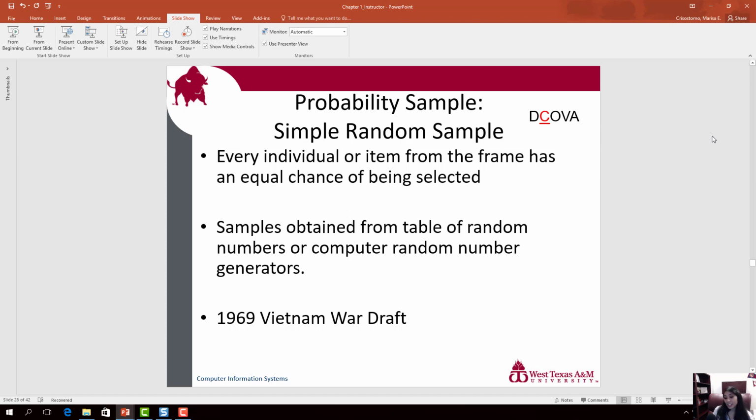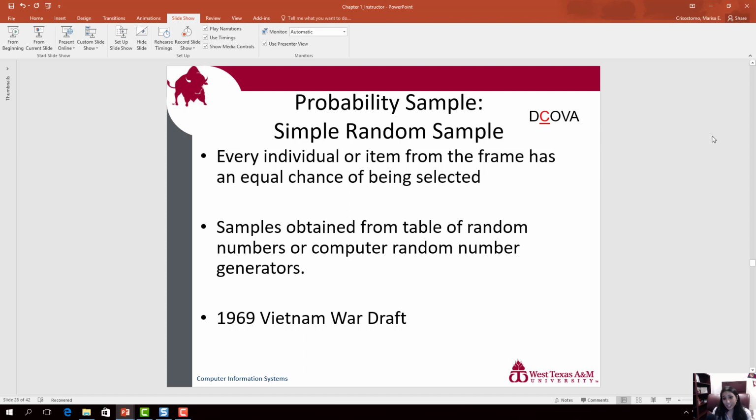The textbook gives the option to choose a sample from a table of random numbers, but this technique is very outdated and archaic because we do have random number generators on our computer. They're in Excel, you could even Google random number generator, and they're very easy to access. So we typically don't use the random number tables anymore, and we just use random number generators.